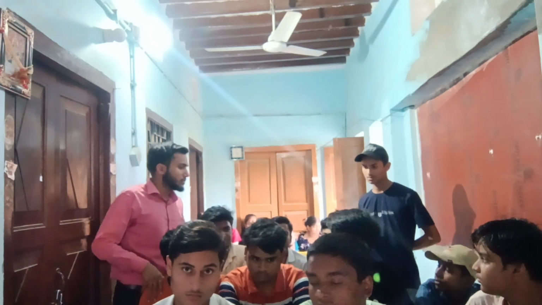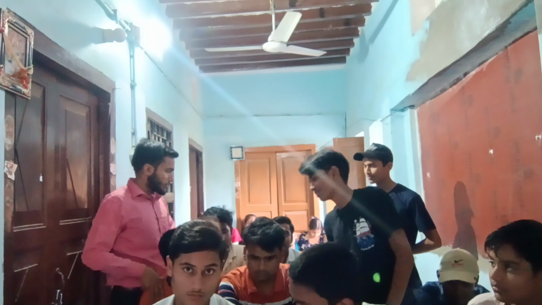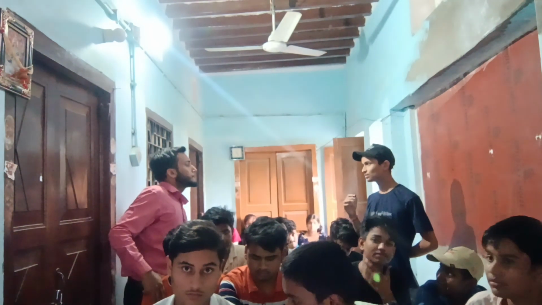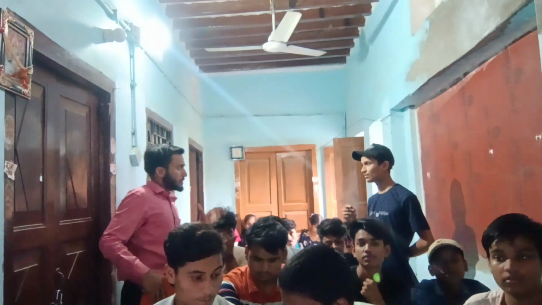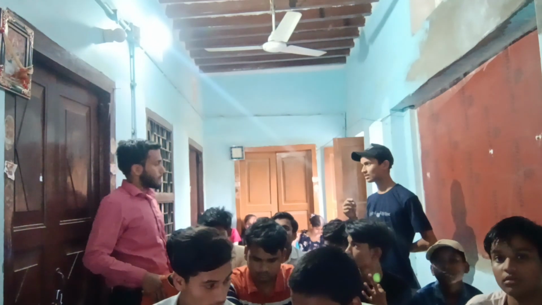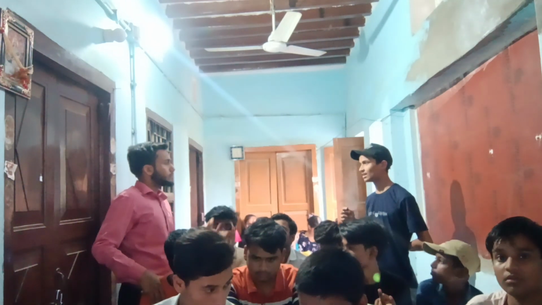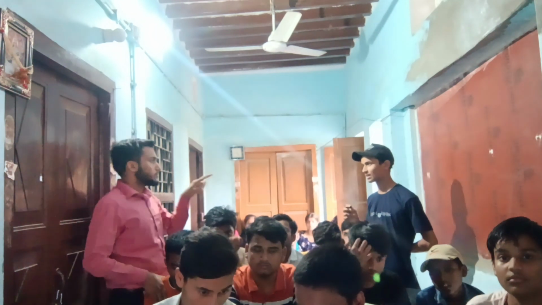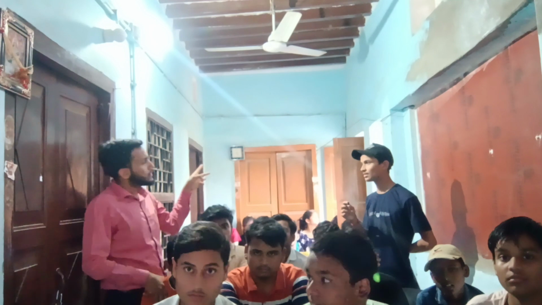Do you want to answer? What is capital? Capital is the inputs required in the process of production. It can be classified into two categories: fixed capital and working capital.